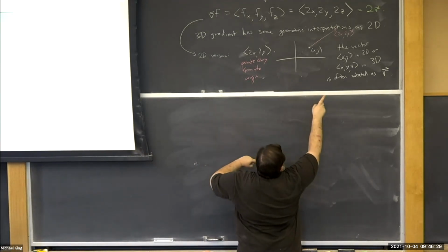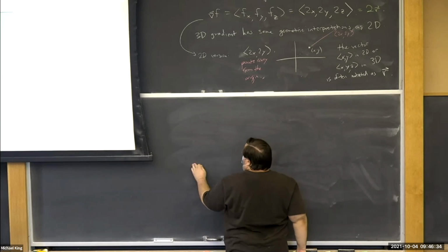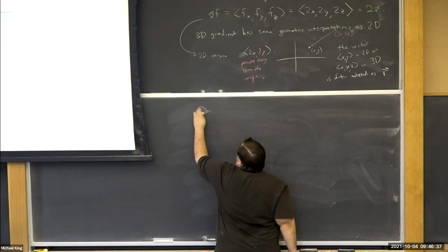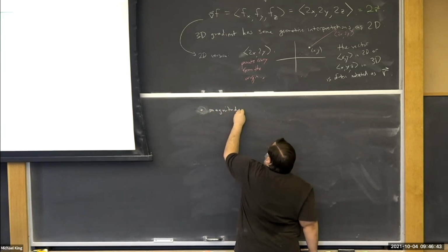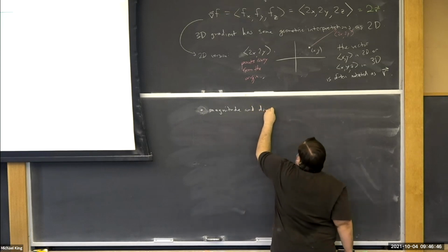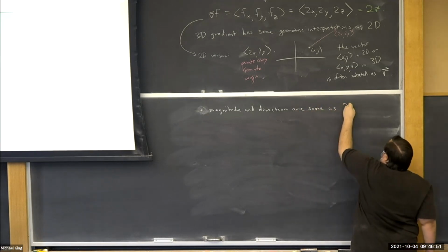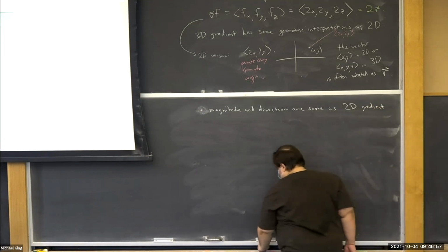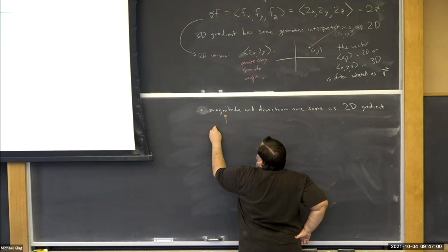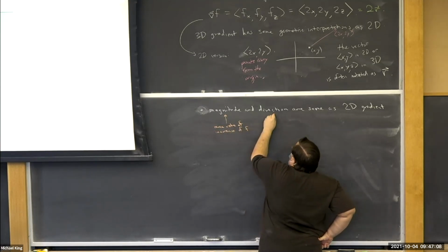The magnitude and direction are exactly the same conceptually as 2D gradients: it's the max rate of increase of f and the direction of max increase.